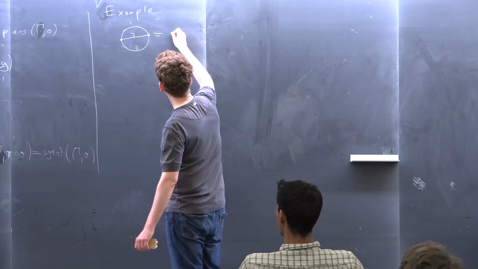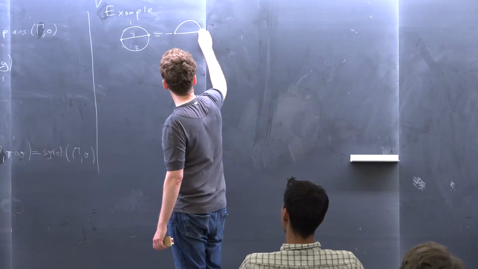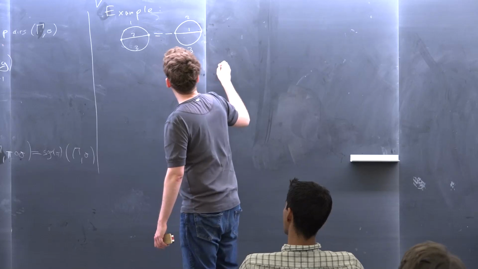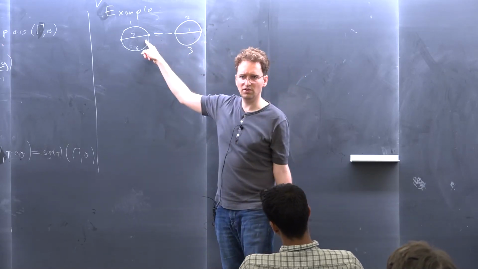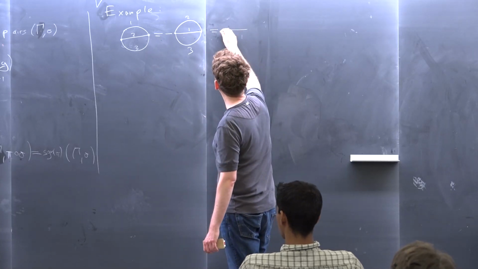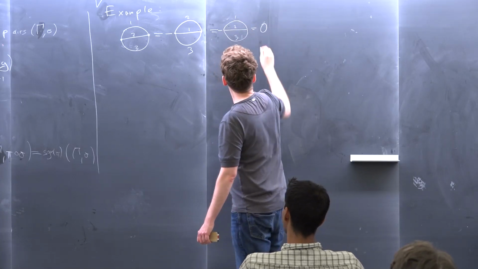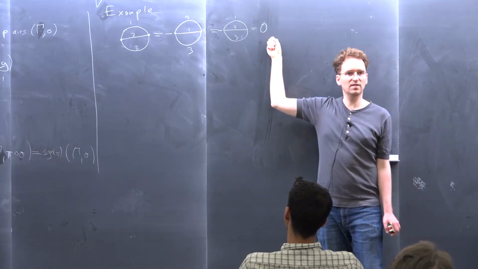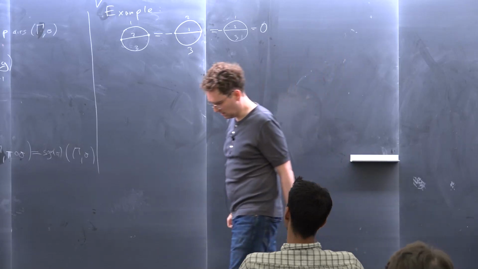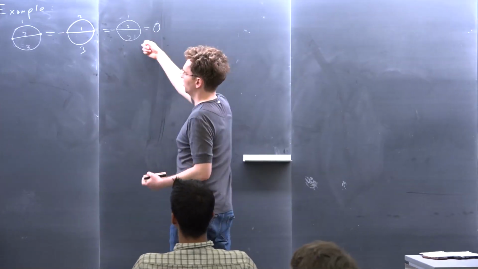So we change 1 and 2. So we pick up a sign, minus. But this graph is obviously isomorphic to the one we started with. So this is equal to minus this one here as well. So this graph is 0. So this means that this graph is non-orientable. So we found a notion of orientability, and it turns out that we cannot really orient this graph this way.